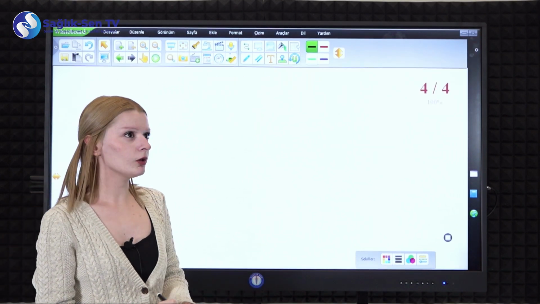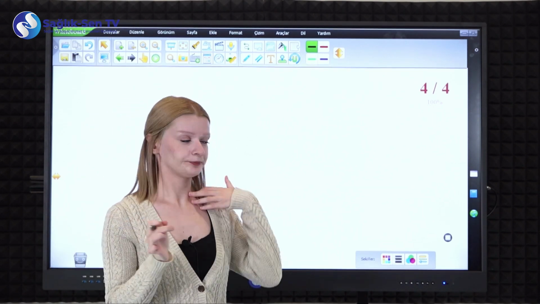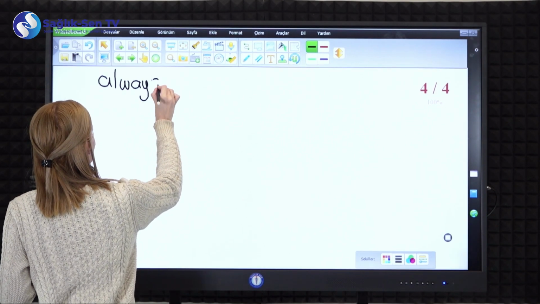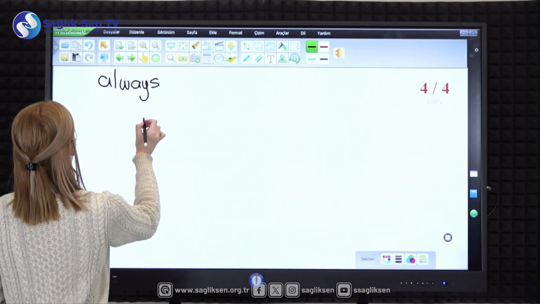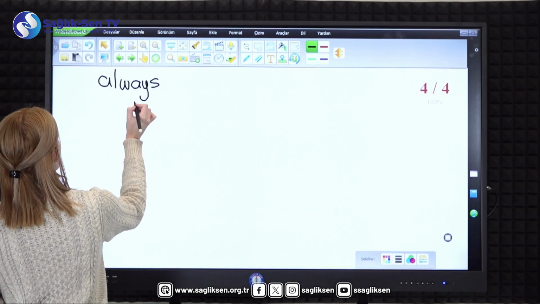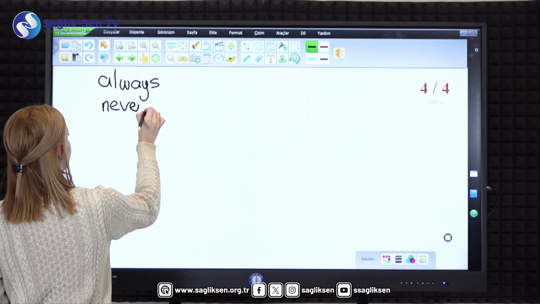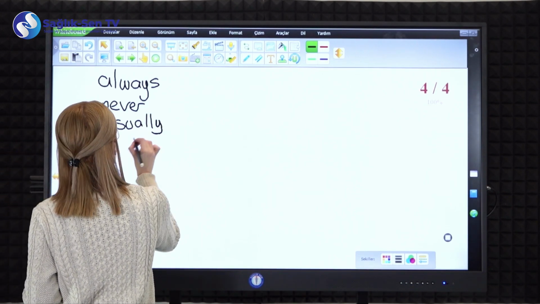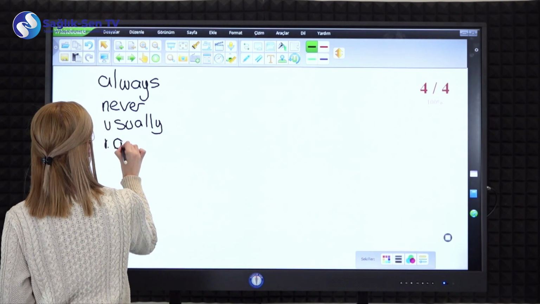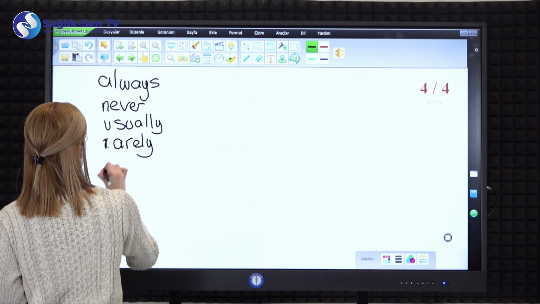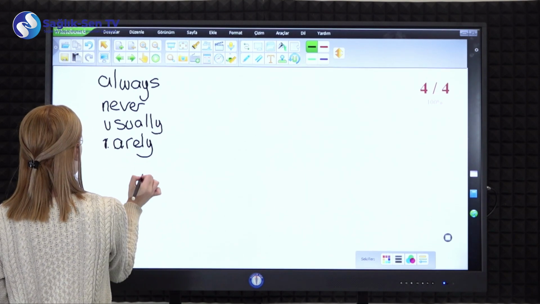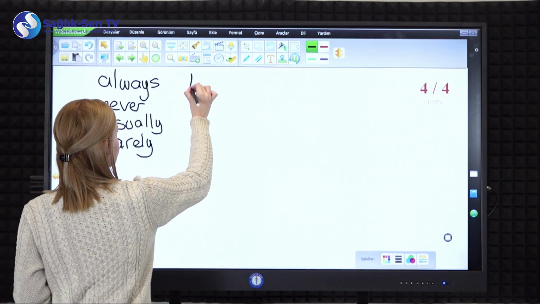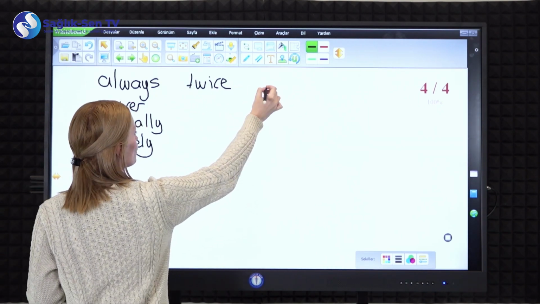Now, let's talk about time phrases. I think that you know it all, but let's remind. Always, never, usually, rarely. What else? We can use, by the way, twice, for example, twice a month.